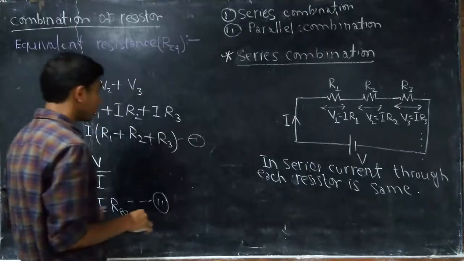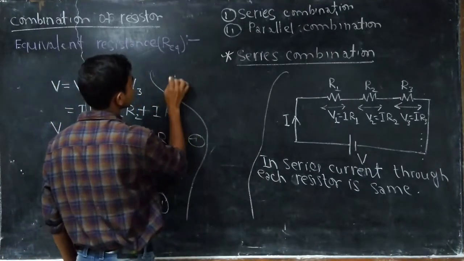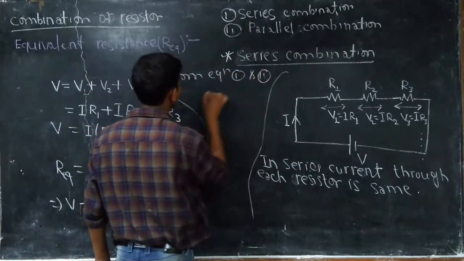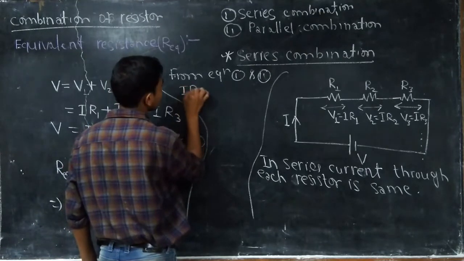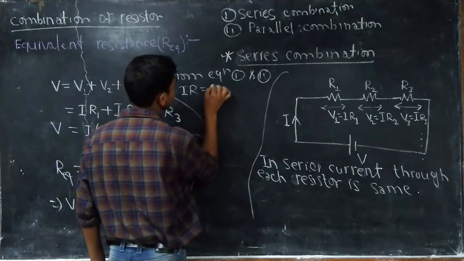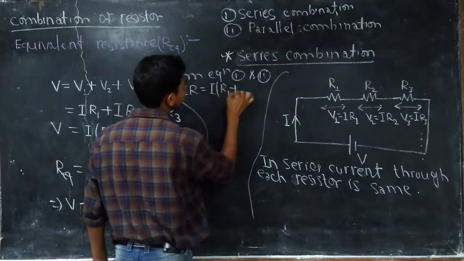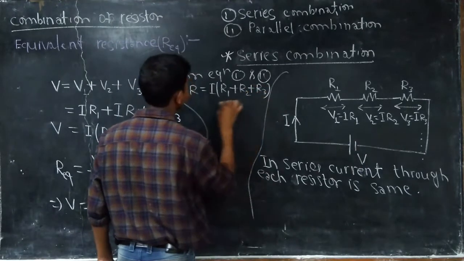From equations 1 and 2, we can write I R equivalent is equal to I times (R1 plus R2 plus R3).